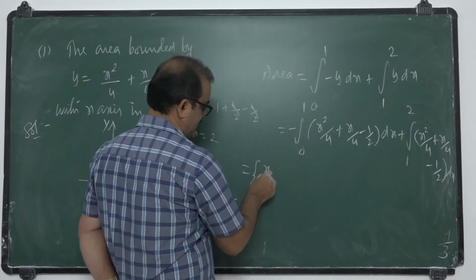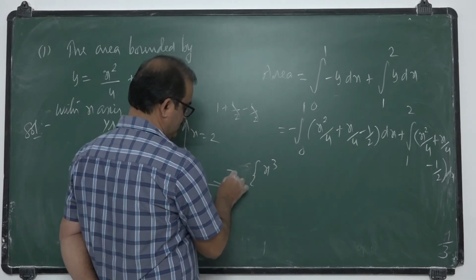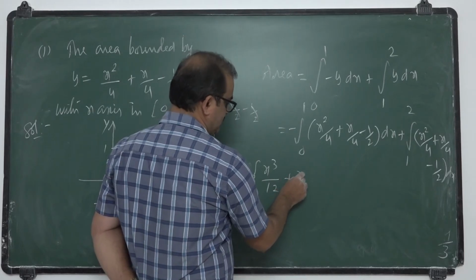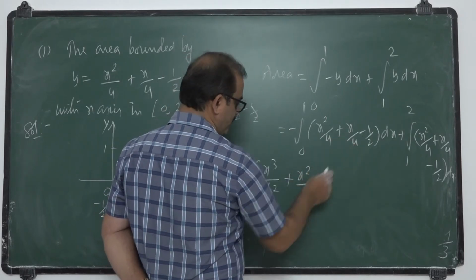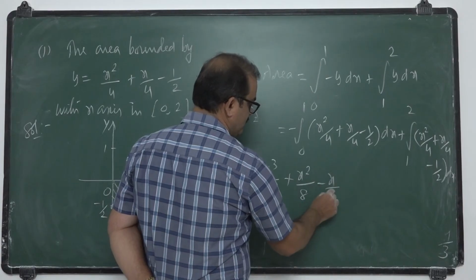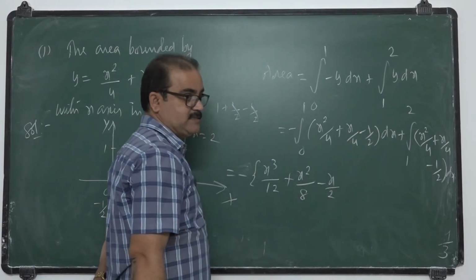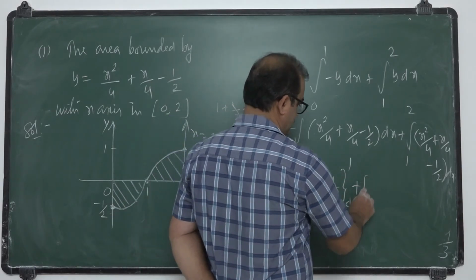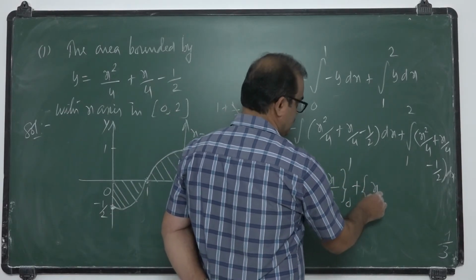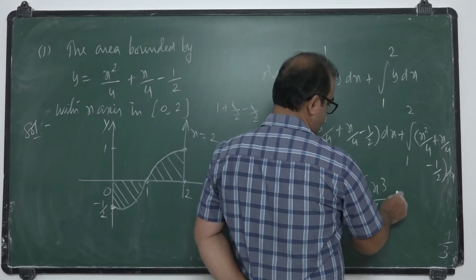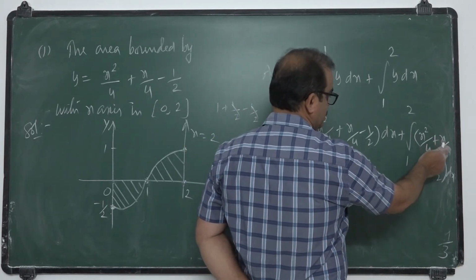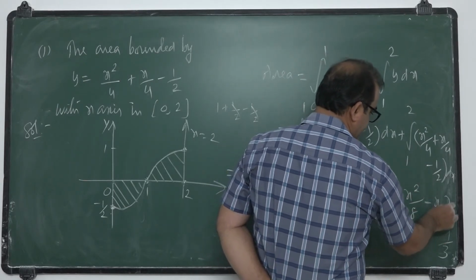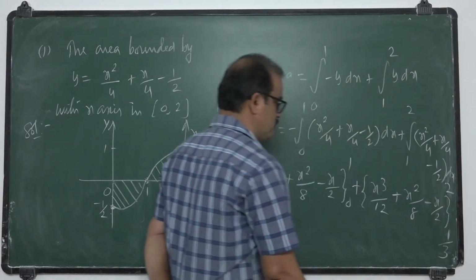Integral x square, x cube by 3, it is minus x cube by 3 into 4, 12, plus x square by 2, 2 into 4, 8, minus 1 by 2 into x, integral 1 dx, that is x, between the limits 0 to 1, plus same integration x cube by 12, plus x square by 2, 2 into 4, 8, minus x by 2, between the limits 1 to 2.